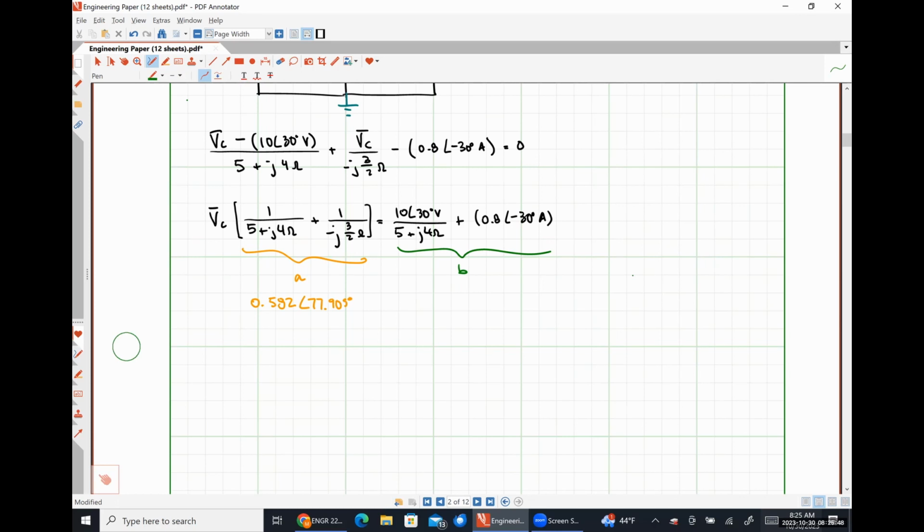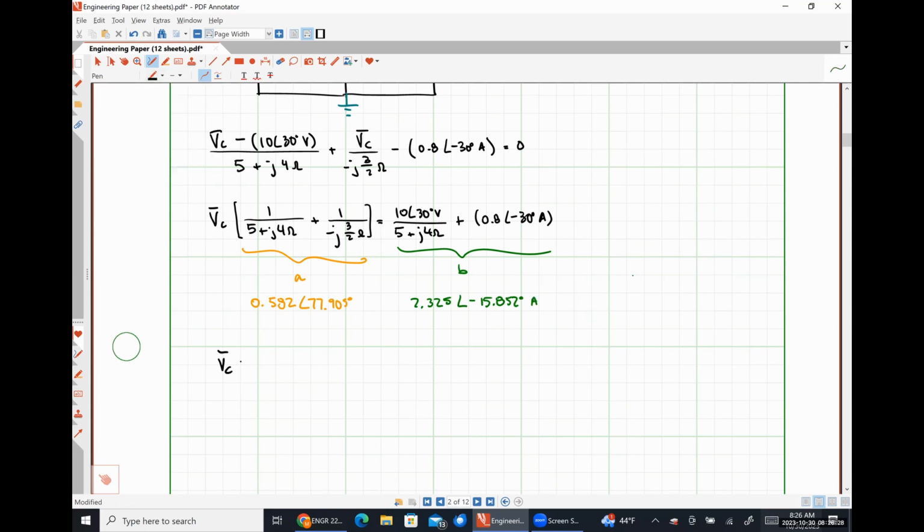B is 10 angle 30 over that same 5 plus J4 plus 0.8 angle negative 30, or 2.325 angle negative 15.85 degrees amps.